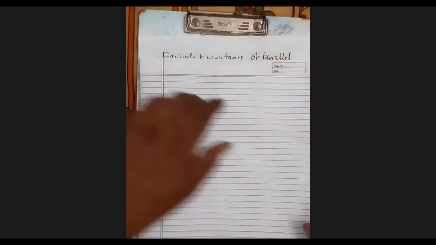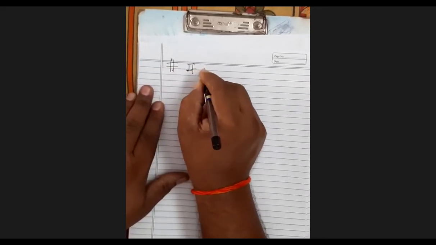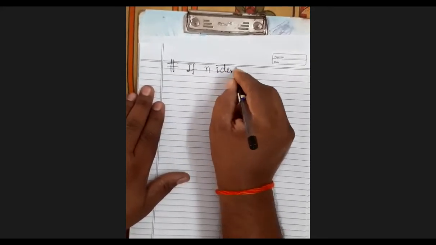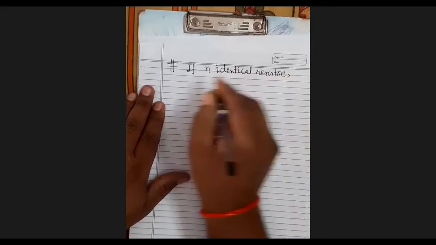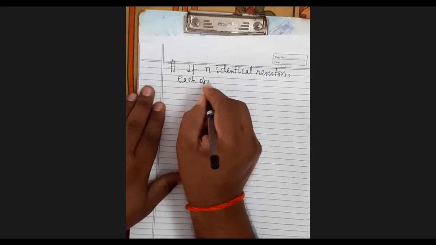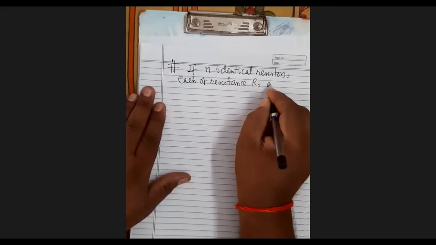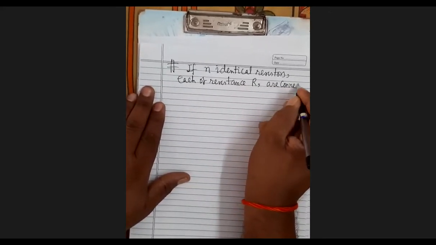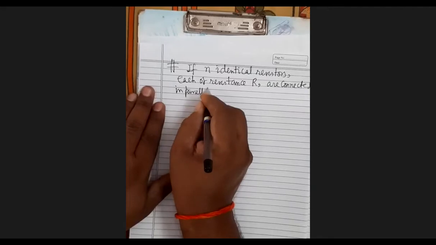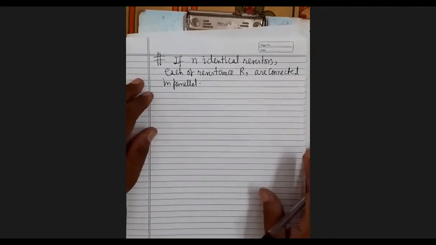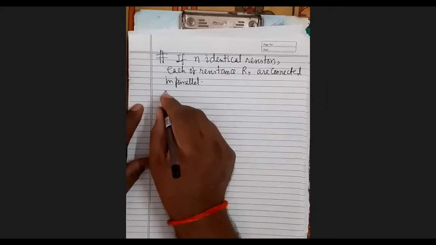If n identical resistors, each of resistance R, are connected in parallel, then what will be 1 upon Rp?